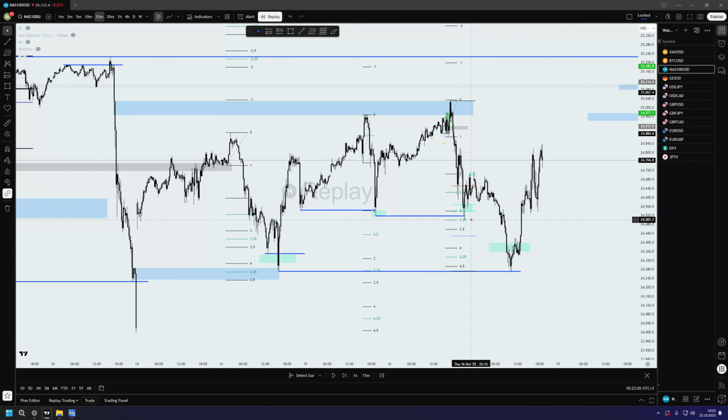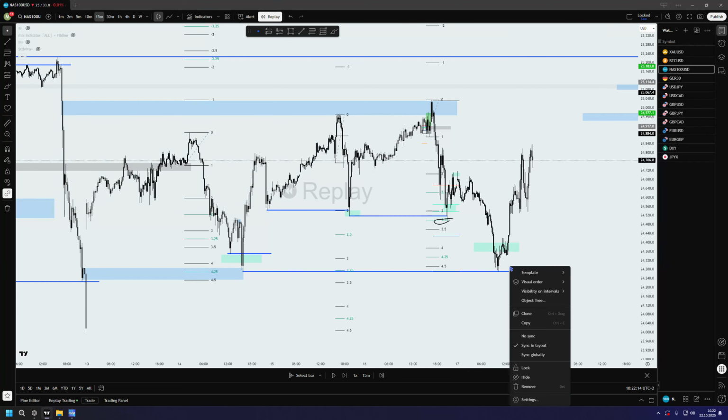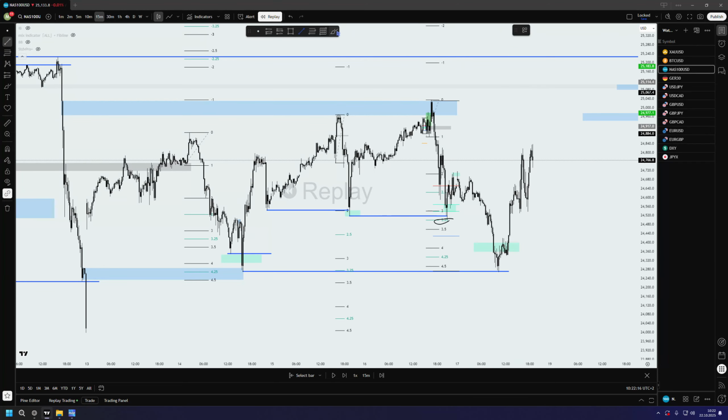So not only the price reacts here, it also reacts here, and then after going to the extreme of the standard deviation, which in my case is 4.5, we just tap into it.